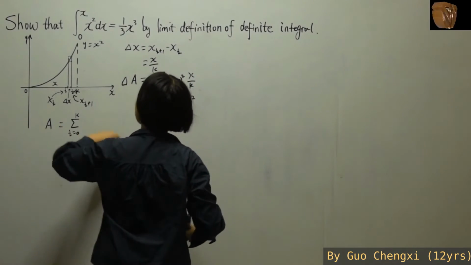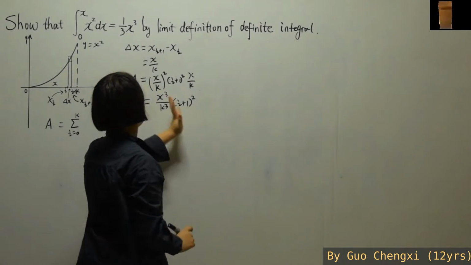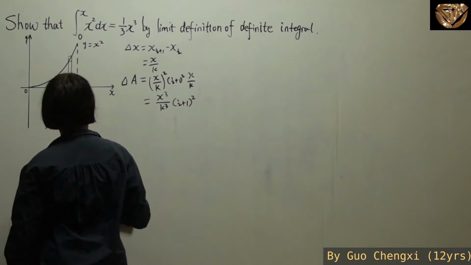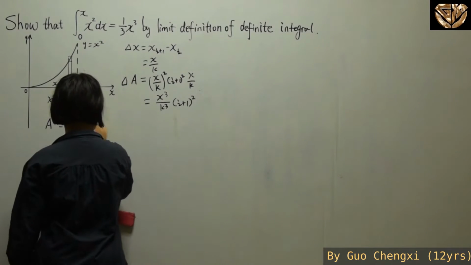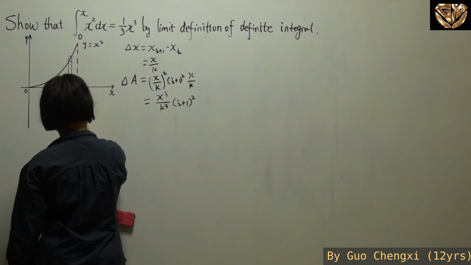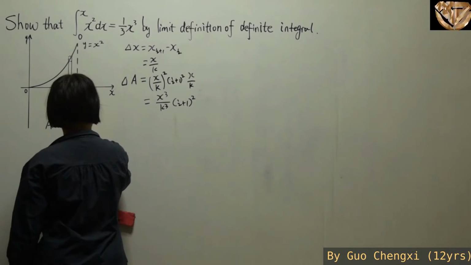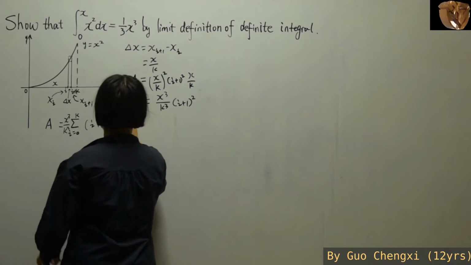You can look at the left side or the right side. I'm looking at the right side, that's why it's i plus 1. So over here, what we'll be having is x cubed over k cubed, times i plus 1 in brackets squared.